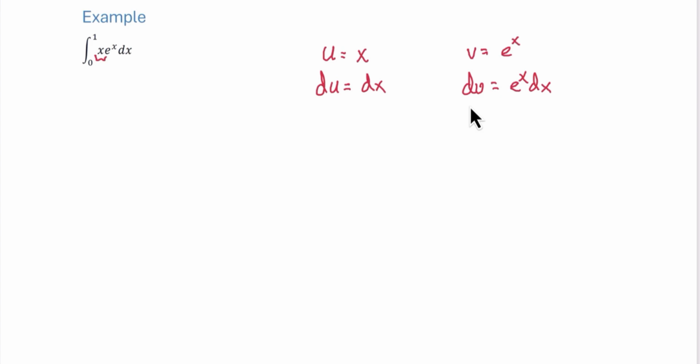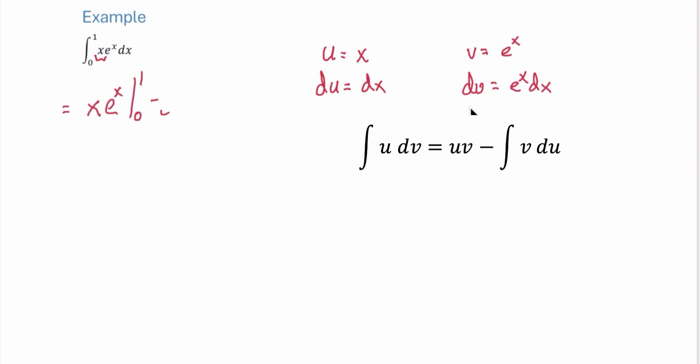We can now rewrite the original integral using the formula for integration by parts. That is u, which we're calling x, times v, e to the x, and as a reminder, we are evaluating from 0 to 1, minus the integral from 0 to 1 of v, e to the x, du, dx.